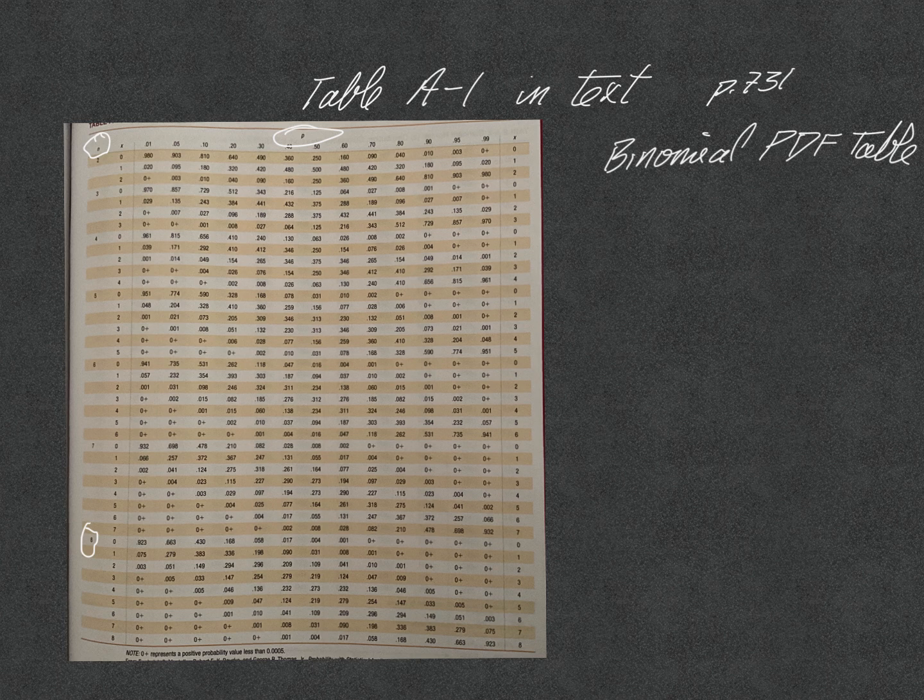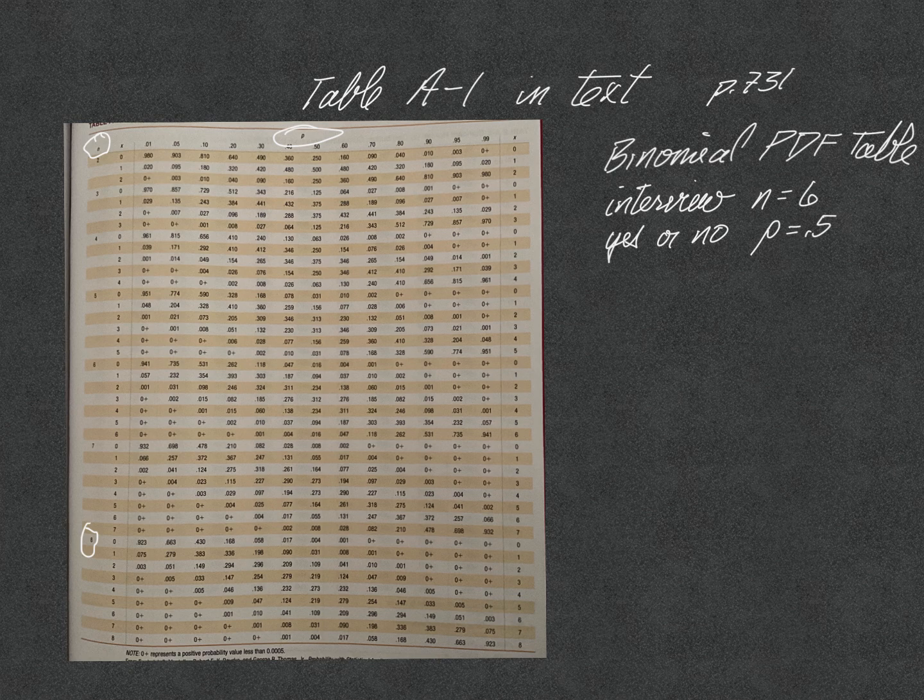Suppose we interview n equals 6 people, and suppose they answer yes or no, whether they have fired a gun. And we know that the probability of success is 0.5.